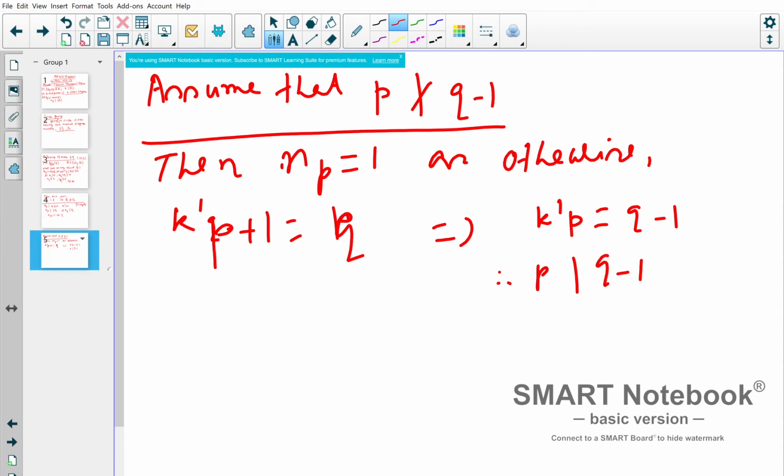But it is given that P does not divide Q minus 1, right? So thus nP equals 1.